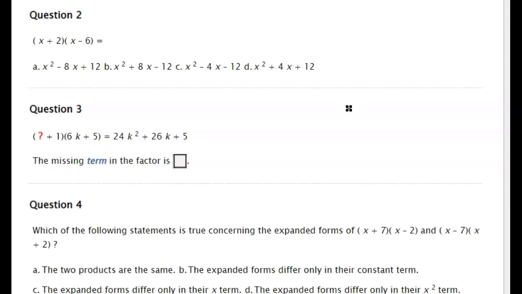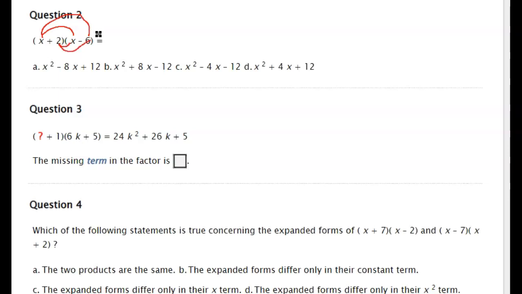All right, question 2. So we've got a binomial here, x plus 2 times x minus 6, and we need to expand that. When we're expanding, we do our first terms, then our outside terms, then our inside, and then our last.